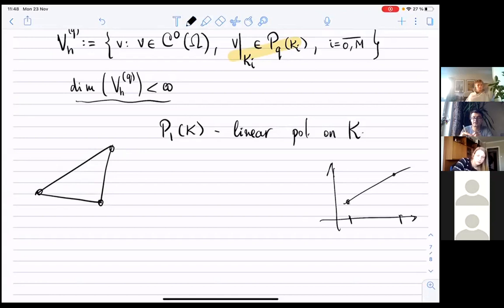So you give 2 points, there is only one linear function which passes through these 2 points. It's one of the axioms. So in 2D, any linear function would be like a surface. Any linear surface which passes inside this K is identified by 3 points.